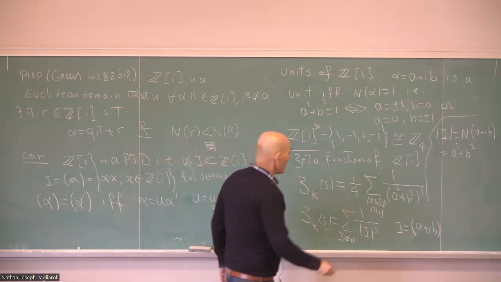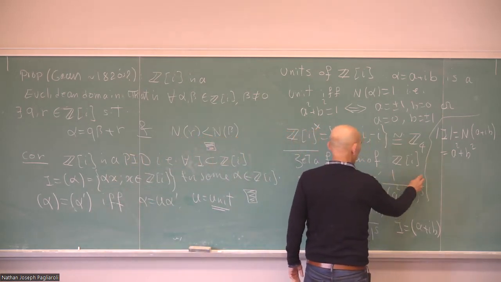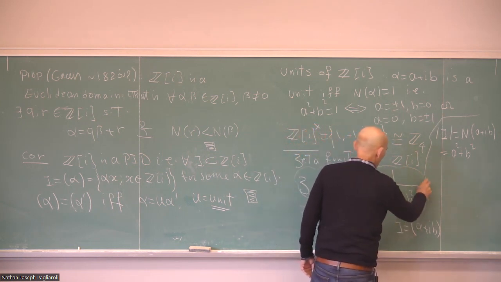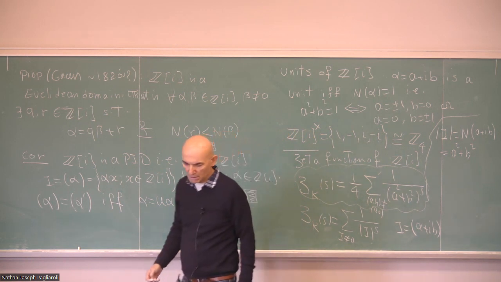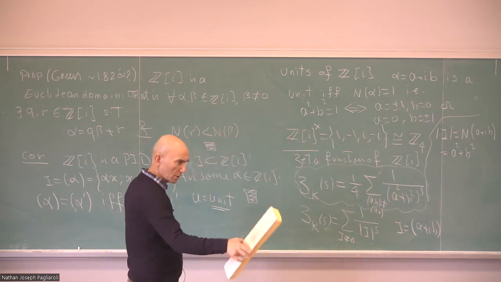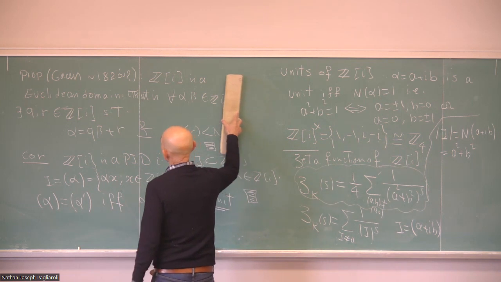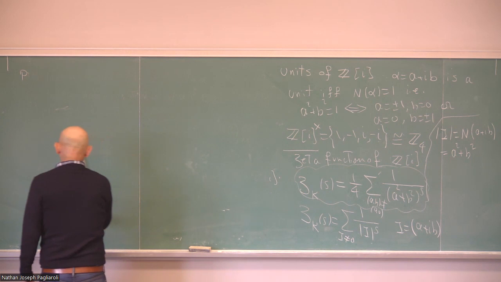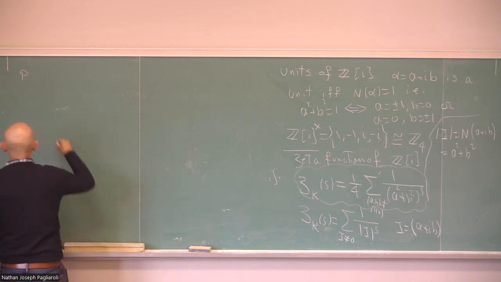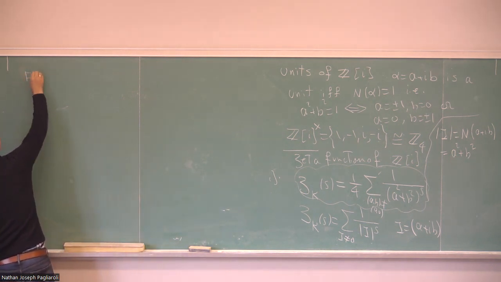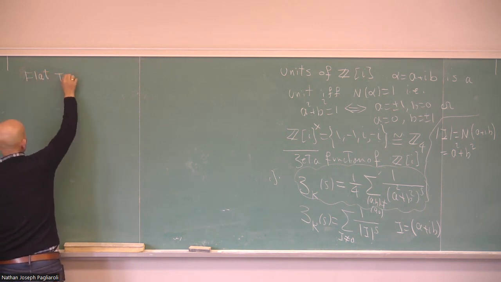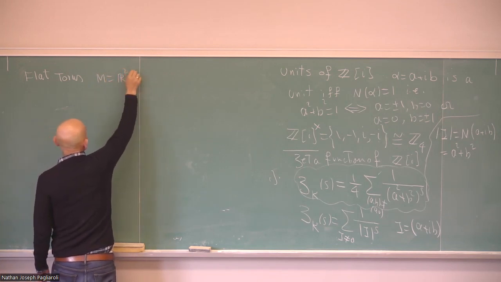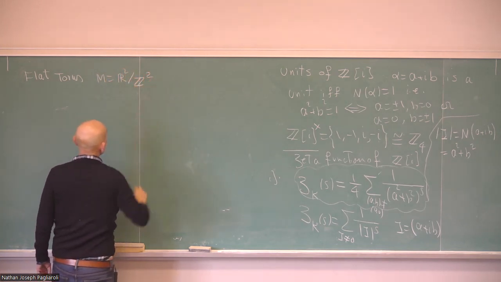Now, I want to make a digression to geometry and spectral theory, because this quantity also appears in spectral geometry. Let me tell you where it comes from. You consider a flat torus, a 2-dimensional manifold which is R^2 divided by Z^2.